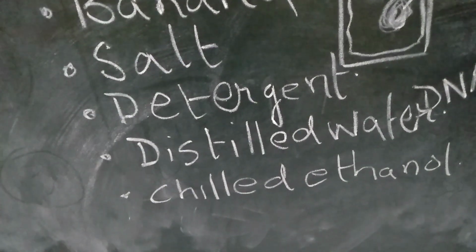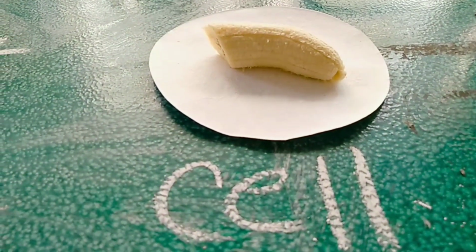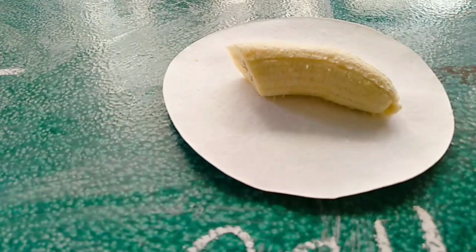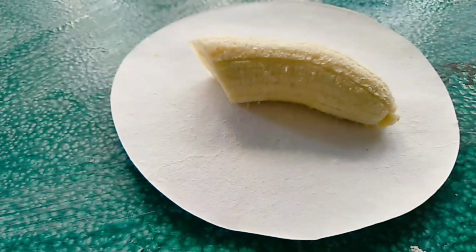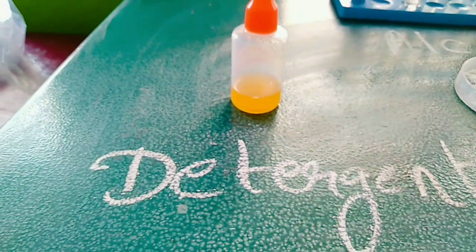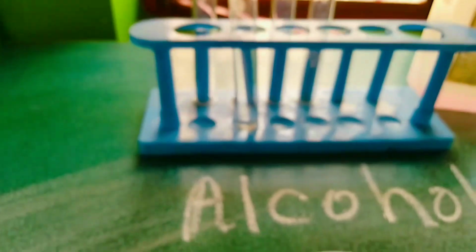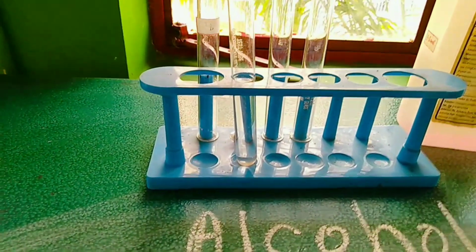Students, for this experiment we need living cells or tissue. For this reason I have taken the banana over here. We also need salt and detergent, and also chilled ethanol or alcohol.